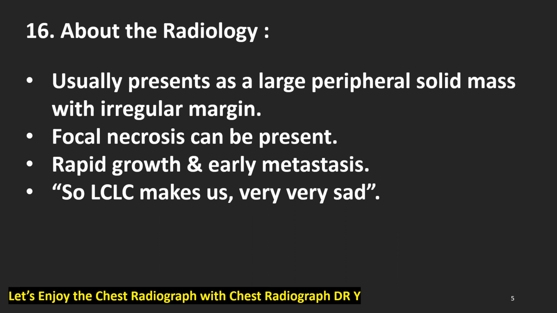Radiology of large cell lung cancer. One, it usually presents as a large peripheral solid mass with irregular margin. Two, focal necrosis can be present. Three, rapid growth and early metastasis are the characteristics of large cell lung cancer. That's why the prognosis is so poor.